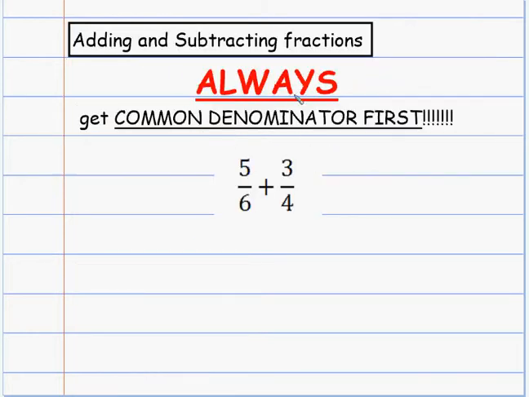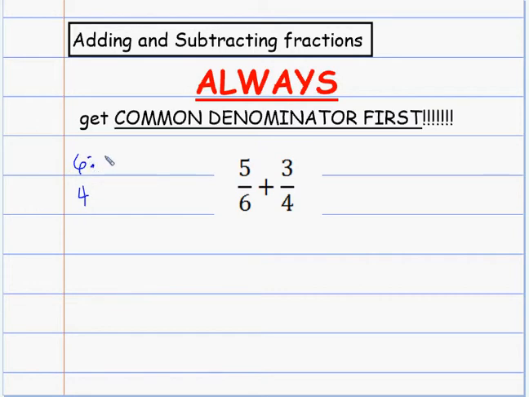What else can we do? We can add and subtract, and when we're adding and subtracting fractions, we always get common denominators first. Here's another example: 5/6 plus 3/4. I have to get a common denominator because 6 and 4 are not the same number. So I need to think about my multiples of 6 and my multiples of 4.